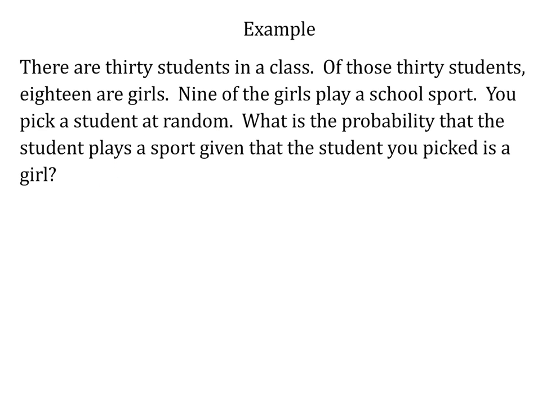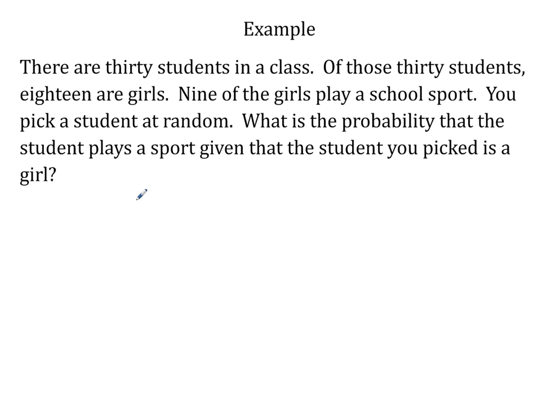So basically what we're doing here is resizing our sample space. Okay, so instead of saying 30 students out of 30 students, we're going to say 18. Out of the 18 girls, how many of them play a sport?